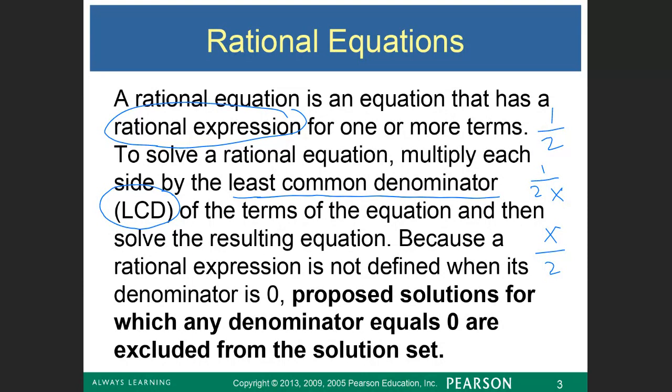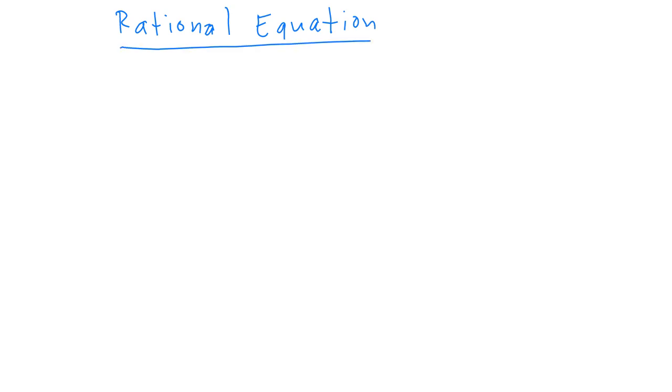Okay, so let's have an example. Thinking about a fraction 3 over 4.